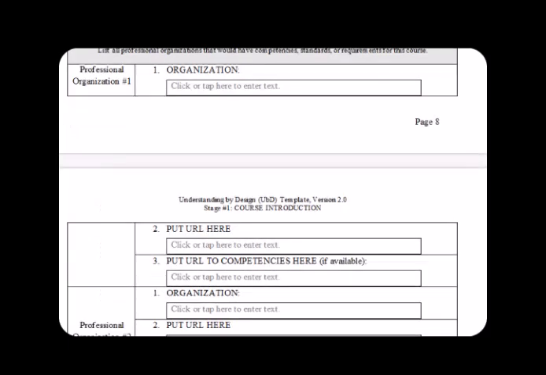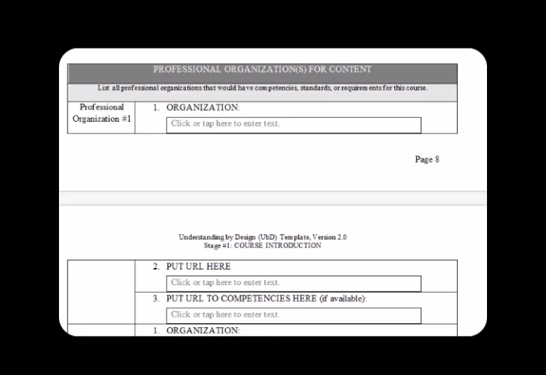In the UBD process, it is important that you include professional organizations that have standards or competencies in your UBD design. It is important to include them because it gives your unit more credibility and makes your unit more professional.